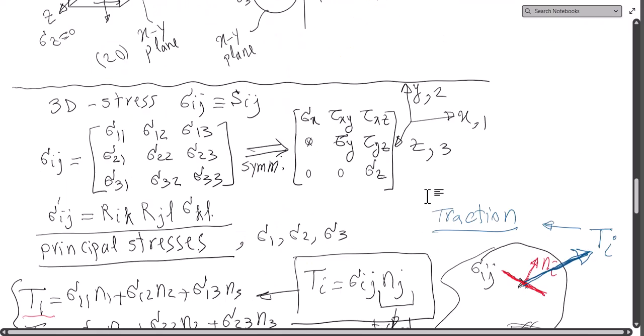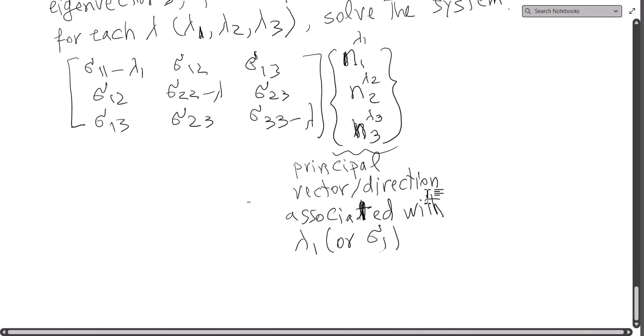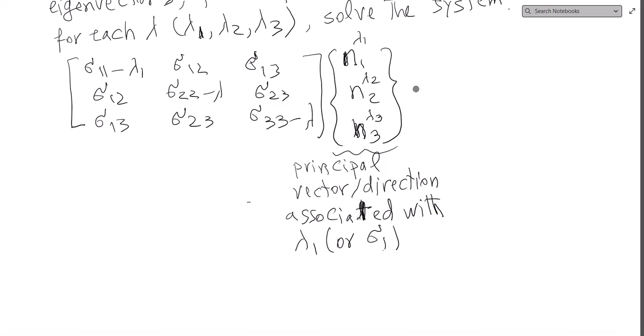So this is what it is in 3D. The solution to this equation equals 0, with the requirement that n1 lambda 1 squared plus n2 lambda 1 squared plus n3 lambda 1 squared, it shouldn't be lambda 2, it should be 1 because I am only considering the first one.